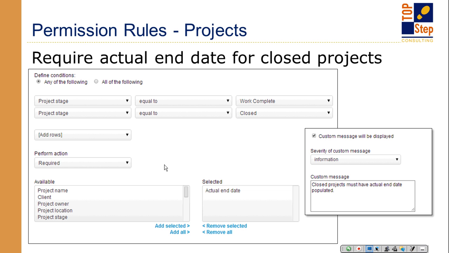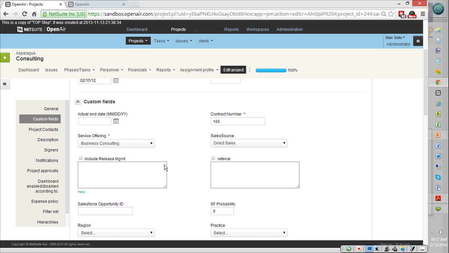And you'll notice this particular example, which we'll look at, includes a message. What this means is if the conditions are met, if it's in one of these stages, then you'll also see a message at the top of the form that says closed projects must have actual end date populated. It's really just a reminder, if nothing else.